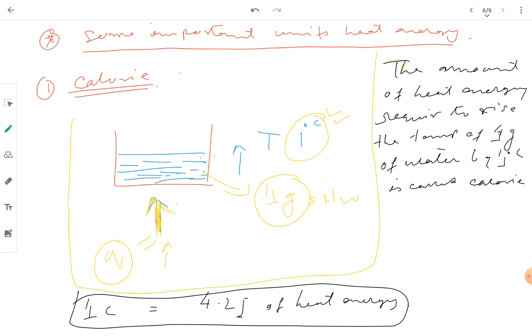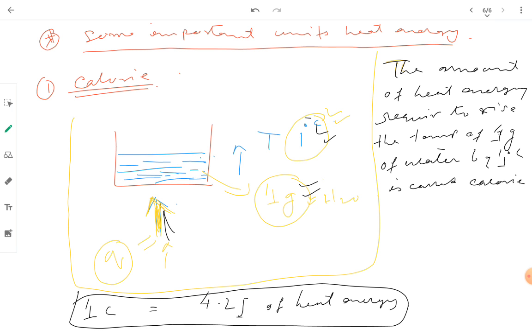It is the amount of heat energy required to raise the temperature of water having mass 1 gram by 1 degree C, known as a calorie, and 1 calorie contains 4.2 joule of heat energy.